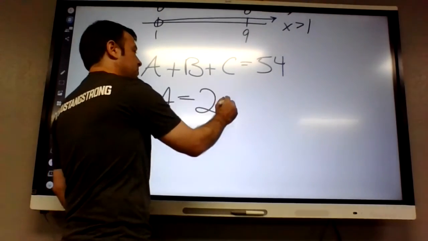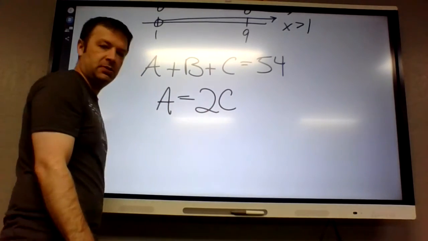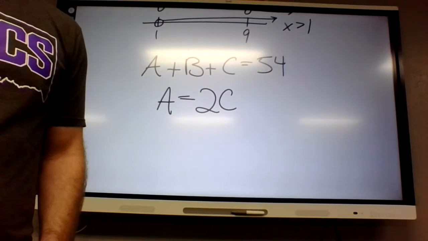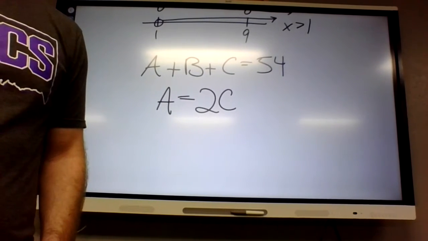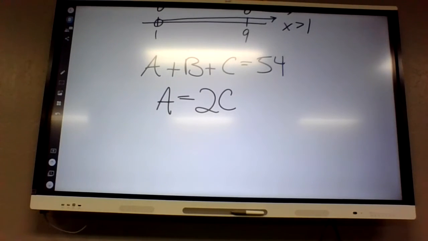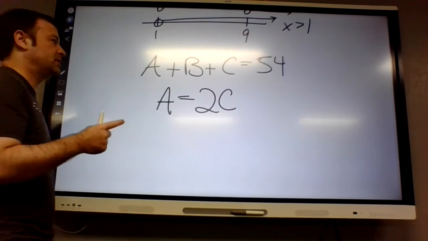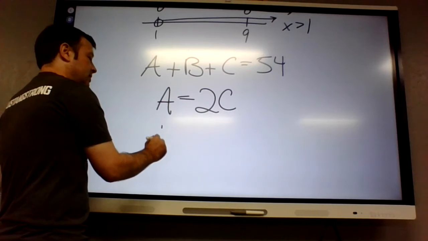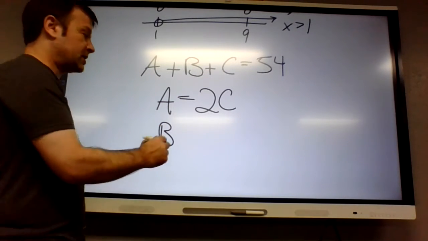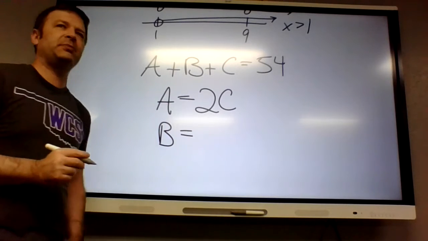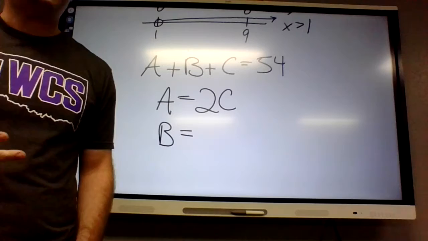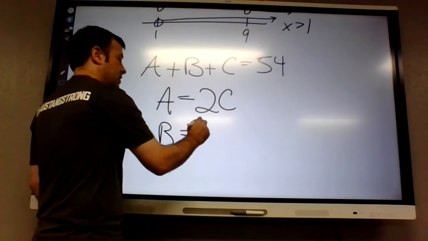And I said I'm going to let C be the smallest. Okay, let's keep going. That's the second equation. Then it says, C is A divided by 2. Then it says the other number, the number we haven't used yet, B, is 6 less than the largest. What does 6 less than mean? Minus 6. We said A was the largest. So A minus 6.